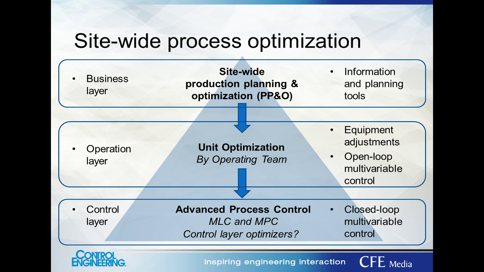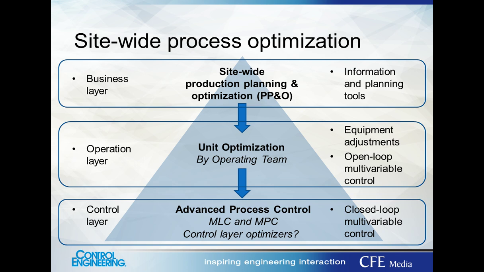Site-wide production planning, of which optimization is an inherent aspect, utilizes a wide range of information and planning tools to develop optimized production plans. Updated plans are passed down the operating chain of command, typically daily.